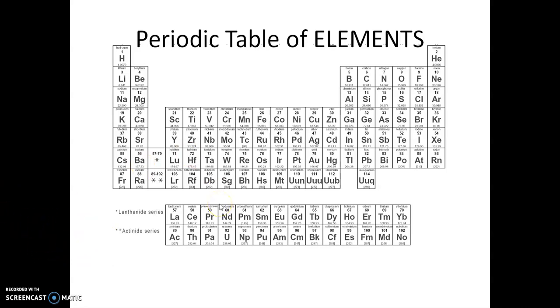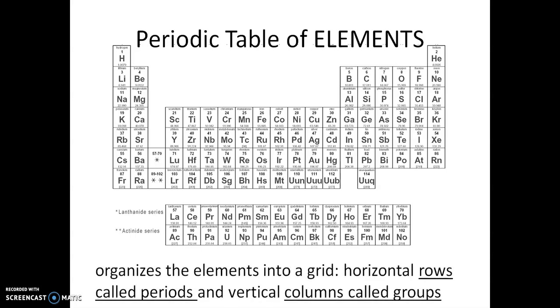All right. Every element that we know of is on the periodic table, and they have their own name and symbol. So if I ever ask you if something is an element, you can always look up at the periodic table and you can see if it is an element or not because it has to be there. All right. Now on the periodic table, we have rows and we have columns. Horizontal rows, the ones that go from left to right, those guys are called periods.